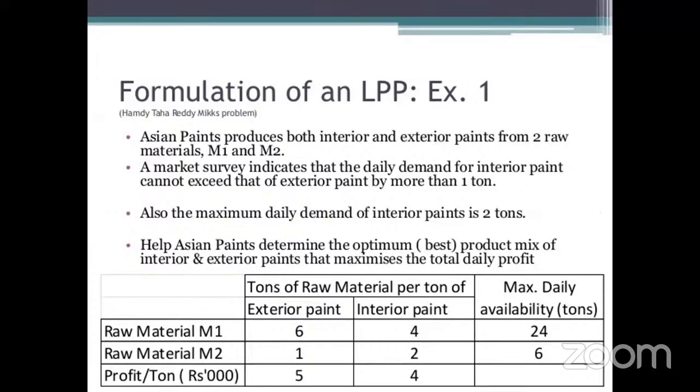Formulation of an LPP, as for example 1. Can you do it? Z is equal to 5x1 plus 4x2, that is the profit equation, the maximizing profit equation. Next is the raw materials, the first constraint would be 6x1 plus 4x2 less than or equal to 24, and the second will be x1 plus 2x2 less than or equal to 6.